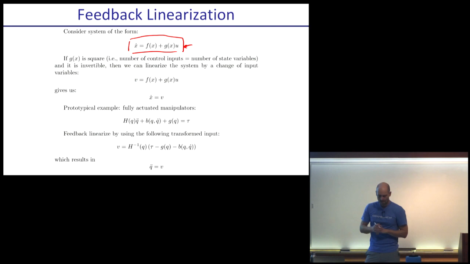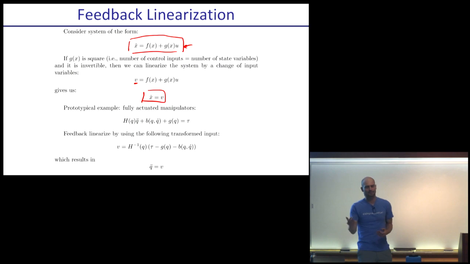Well, if g of x is square, which requires the number of control inputs to be equal to the number of states, and g of x is invertible, then you can turn this into a new system by just a simple coordinate transformation. You introduce v as your controls, and now just have x dot equal v, a linear system. You solve your linear system, and once you solve the linear system, you know what v to apply in a given state, and then you do the transformation to u to know what control to actually apply to your real system.